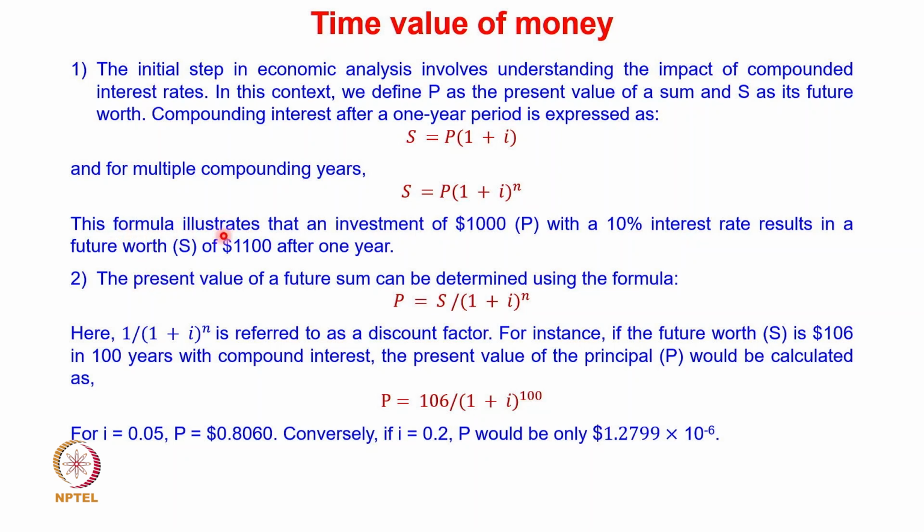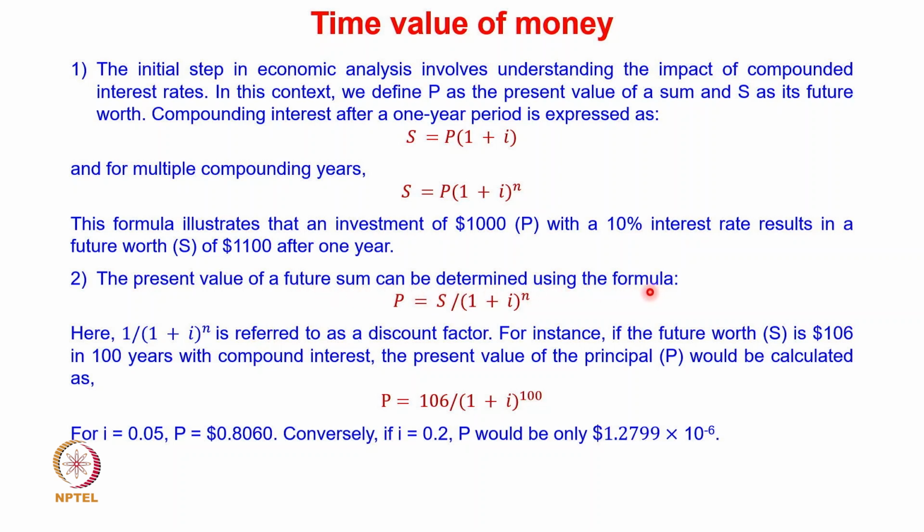So this formula illustrates that if we invest $1,000 with, let's say, 10% interest rate, then after 1 year we are going to have $1,100.